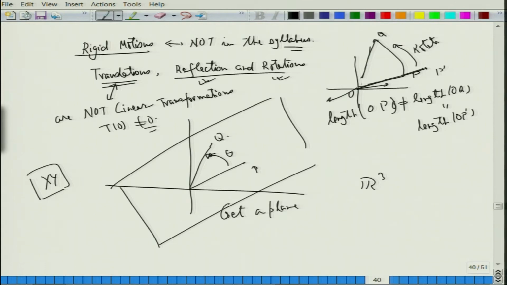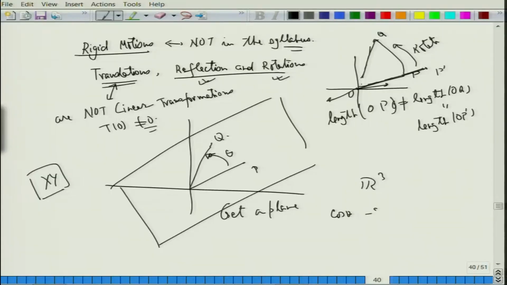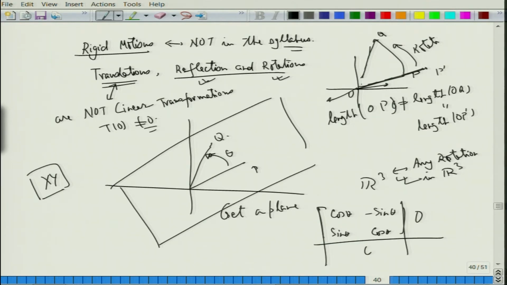So you can see that at some stage I am in a plane R2, and therefore the idea of cos theta, minus sin theta, cos theta will come into play. So you can show that any rotation in R3 has the form with 0 here, 0 here, 1 here, all right.